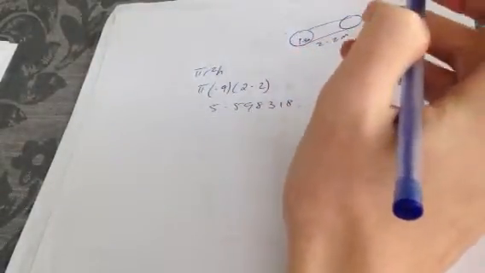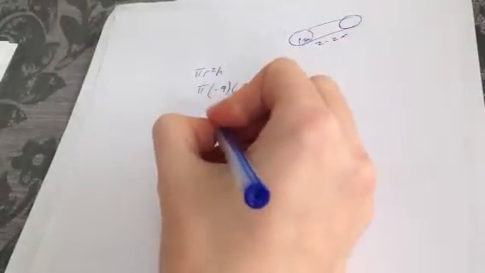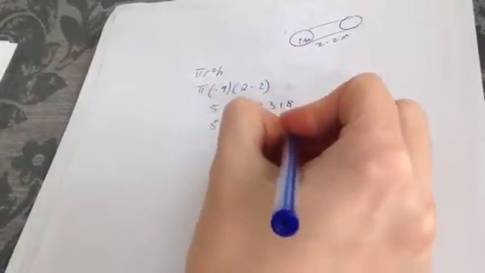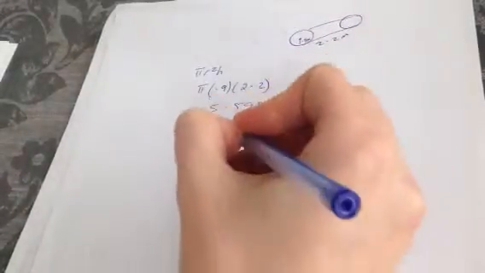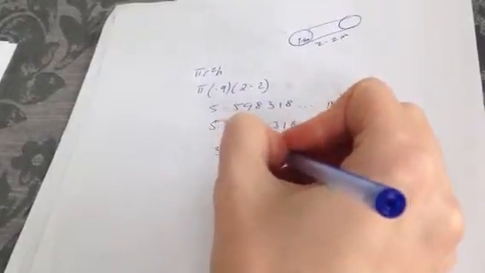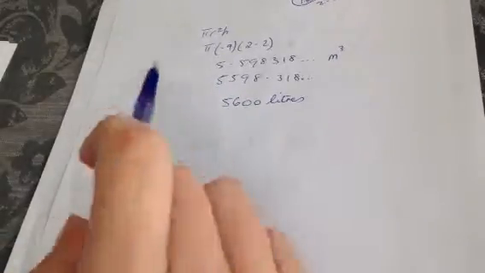There are 1,000 litres in a meters cubed, which means that we need to multiply this by 1,000 to end up with 5598.318, and so on. And they said round to two significant figures. The only two figures that are significant are the 5 and the 6. So rounding it off, it's 5,600 litres. So fairly straightforward. The only part there that was annoying was knowing how many litres are in a meter cubed.